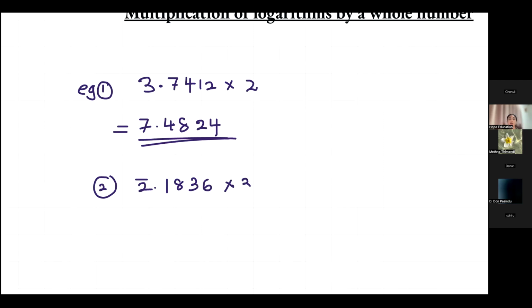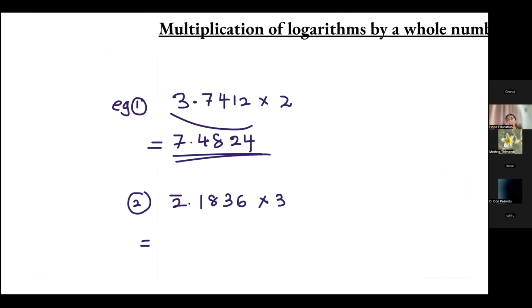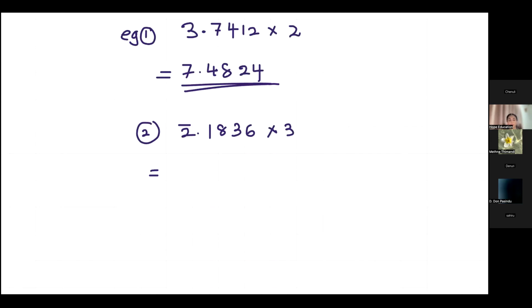First of all, when you are multiplying a bar logarithm value by a whole number, it is always better to separate the characteristic and mantissa. In the normal case it's not a big deal, but now here there's a bar number. So bar 2 would be -2 plus the mantissa 0.1836.